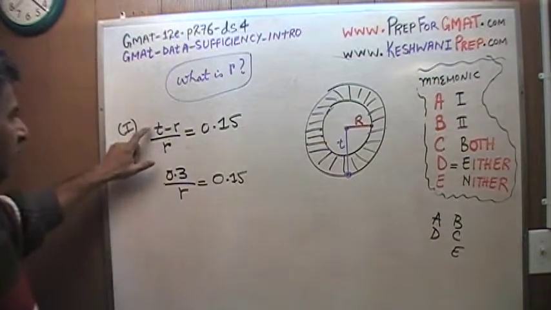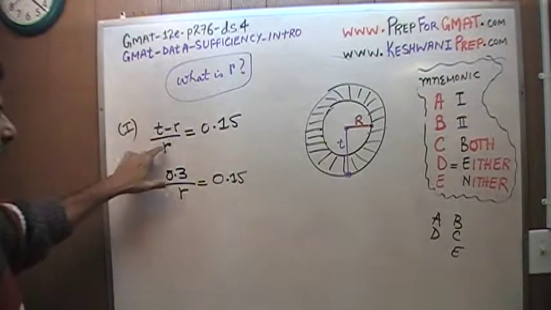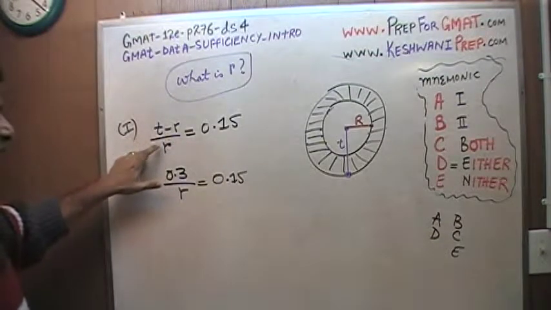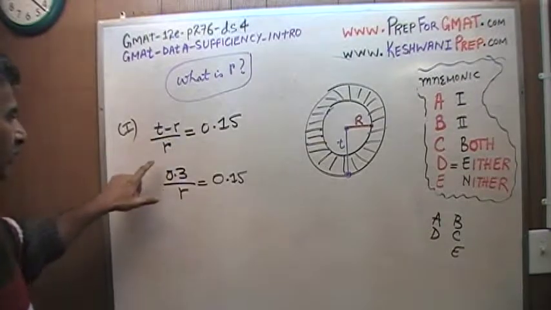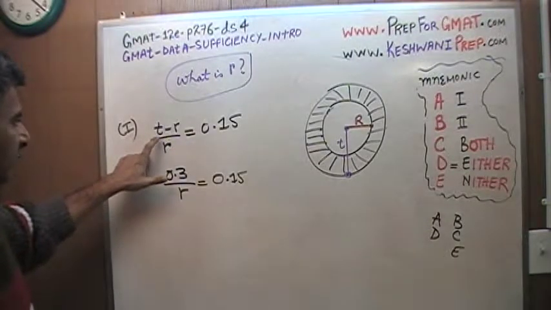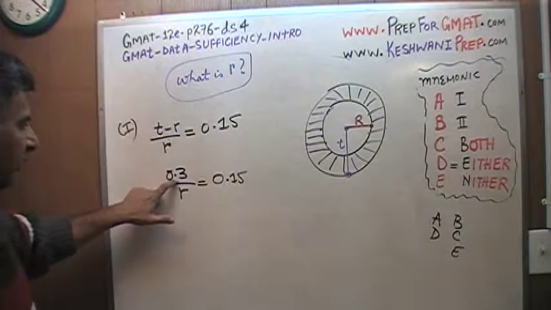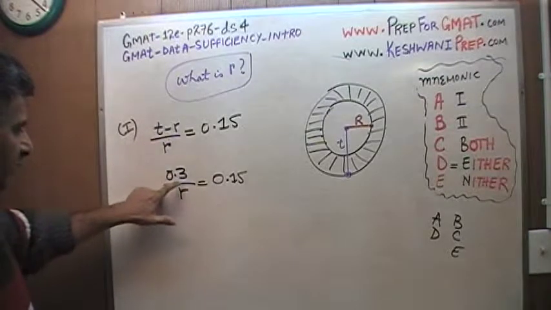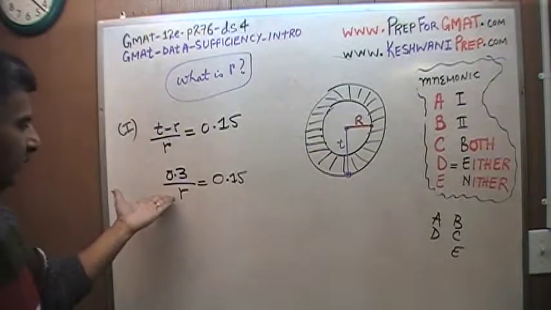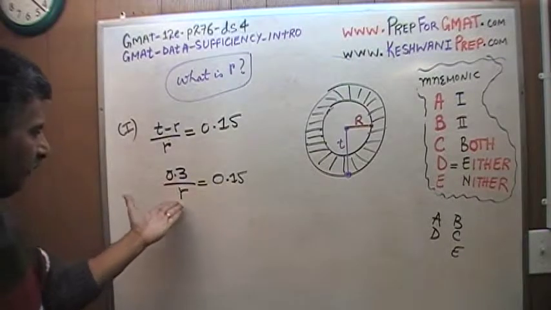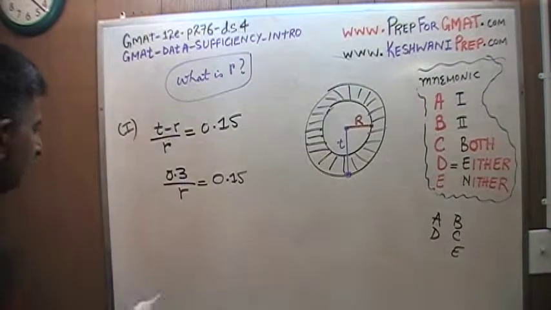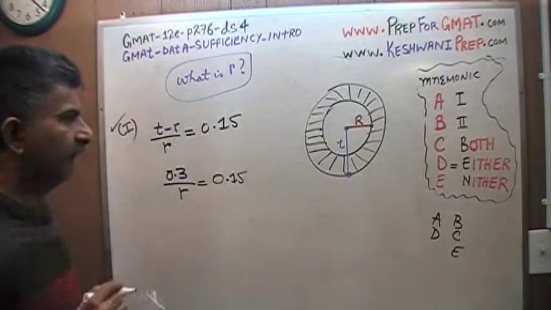First they tell you the ratio of t minus r to r is 0.15, and then they tell you that t minus r equals 0.3. So you can substitute 0.3 for t minus r here, and of course we can figure out r from here. Just divide 0.3 by 0.15 and you get r equal to 2. That's all. So the first statement by itself is enough.